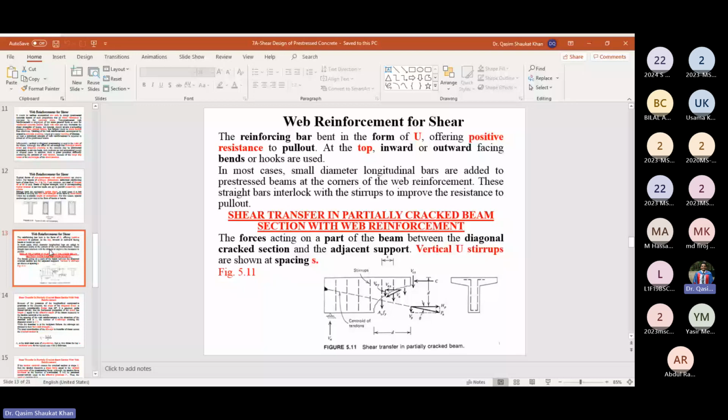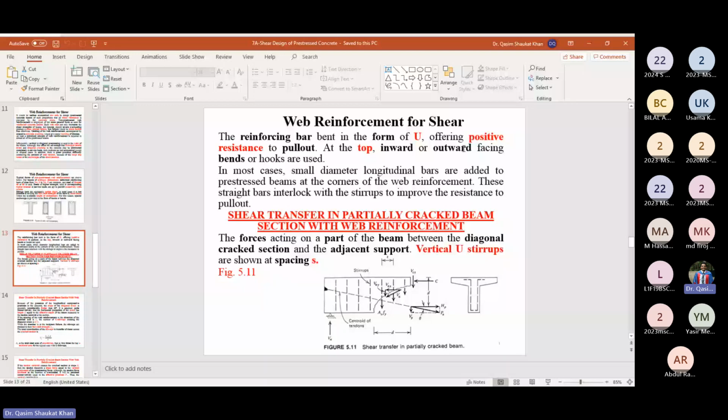What is pull out? Pull out is that the bar is pulled out of the concrete because of the applied tensile stresses. So at the top, inward or outward facing bends or hooks are used.